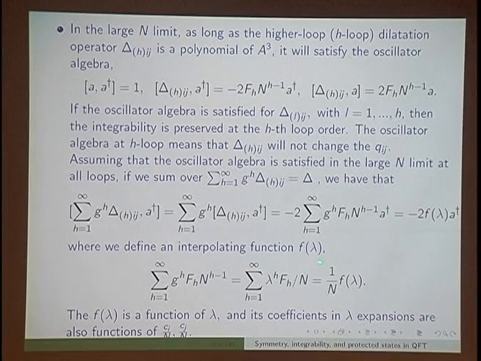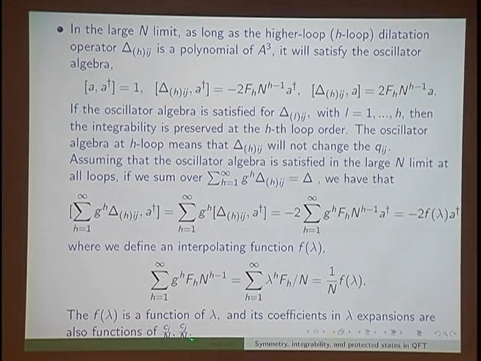So this f of lambda, when lambda is small, approaches lambda. But when lambda is large, it will be different. So this is an effective coupling, as if one changes the one-loop 't Hooft coupling to an interpolating function.